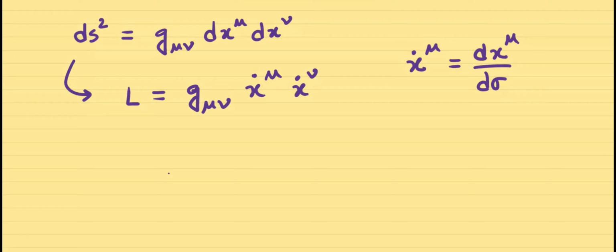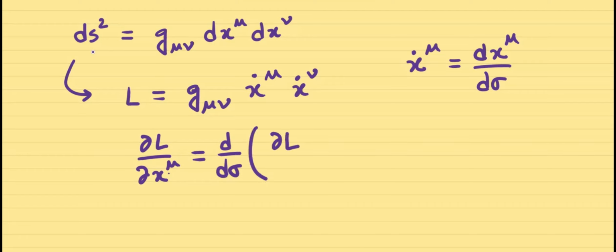So on one side we have the partial derivative of L with respect to x mu, and on the other side we have the total derivative with respect to the parameter acting on the partial derivative of L with respect to x mu dot.